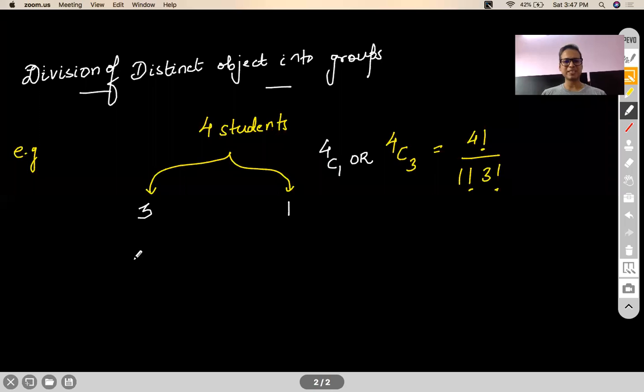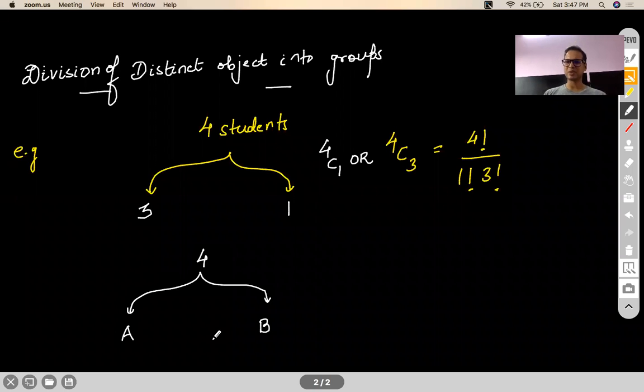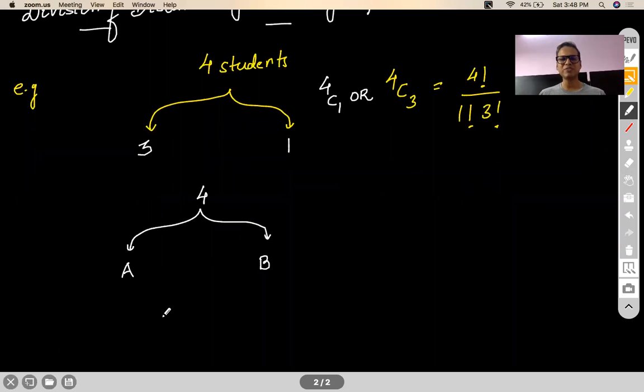Now, the same experiment, I'm performing in a slightly different way. Let us say these are different groups now. So let me say I want to divide 4 students into 2 groups, group A and group B, such that group A and group B have strength of 3 and 1.